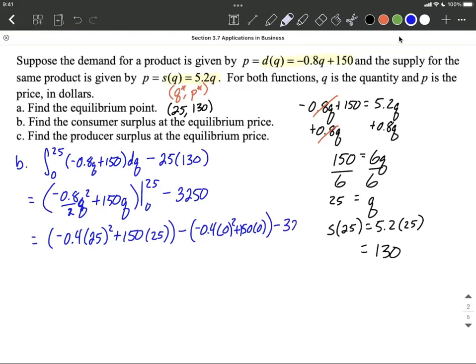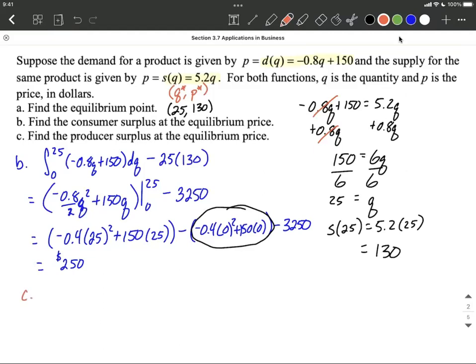Still minus that 3250. The second part, all of this, is going to be 0. So this works out to be, as I put it in my calculator, 250. So a consumer surplus of $250.